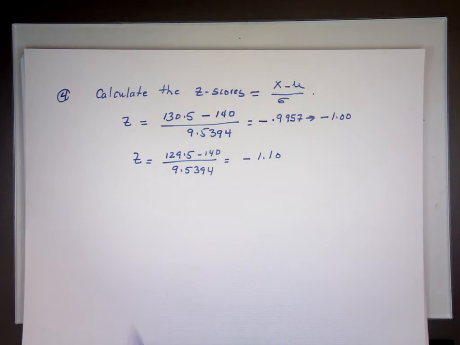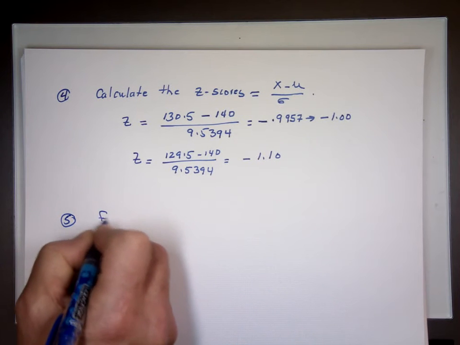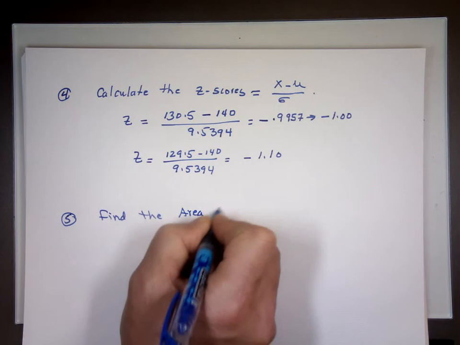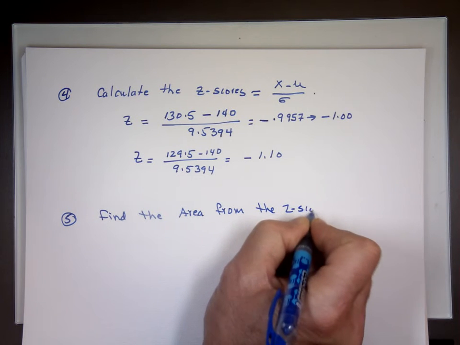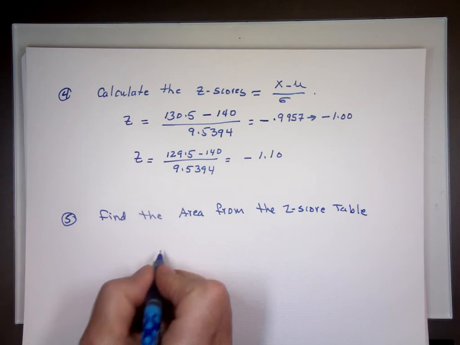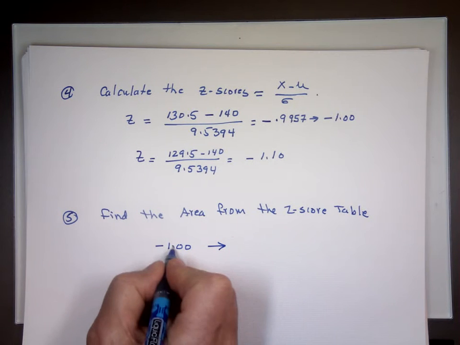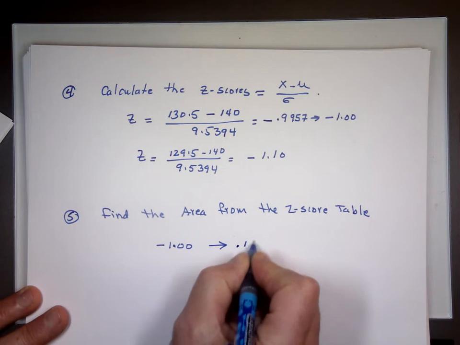Now use the z-score table to find the area. So we go to the table, we look at the negative 1.00, and what's that number? 0.1587.